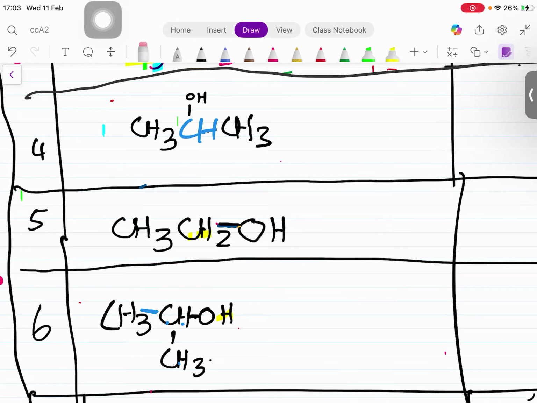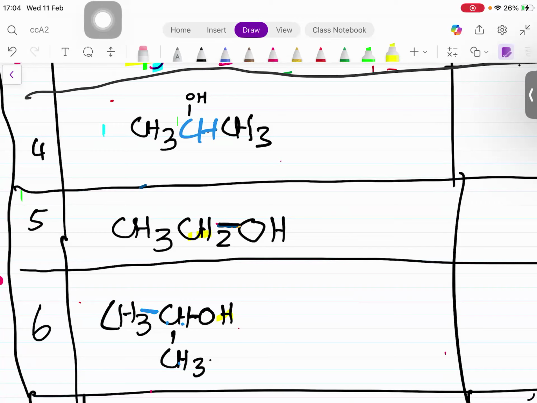Yes. Say the proton ratio is 6:1:1. So sir, how do we know which ratio comes first? That's no problem, because when you draw the peak, the number will be written above it.